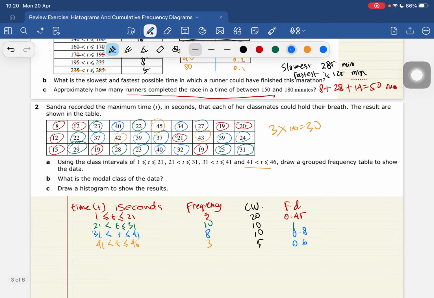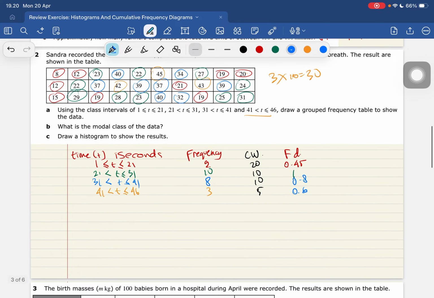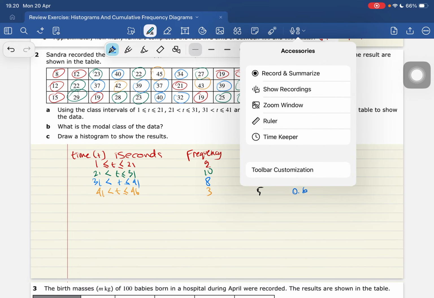Using the data, draw the histogram. Let's draw it. Use a ruler.